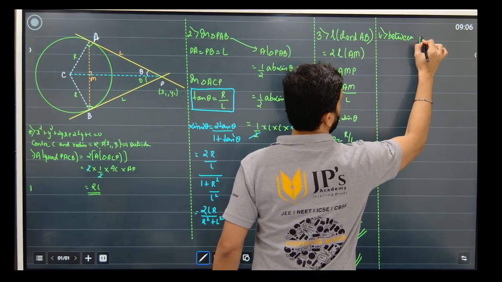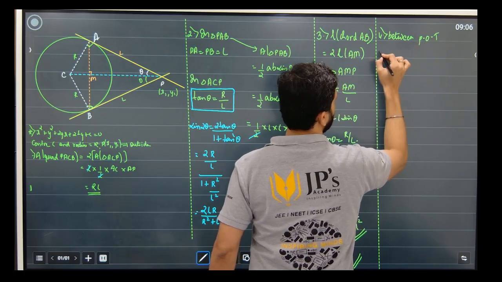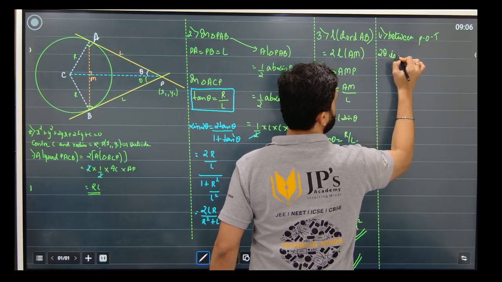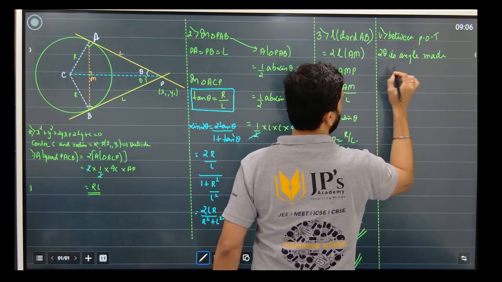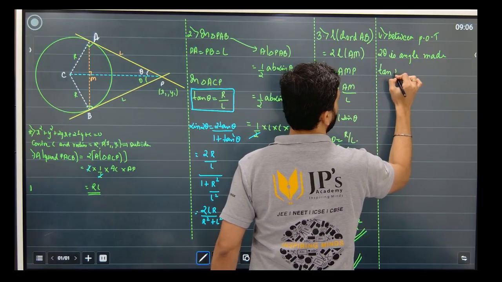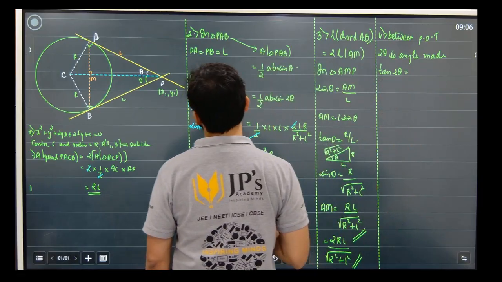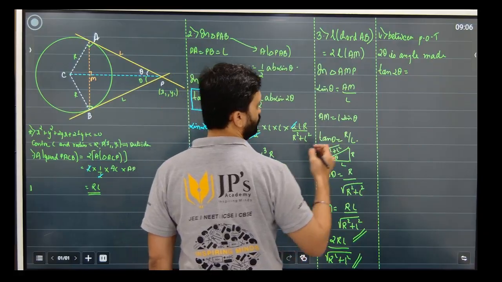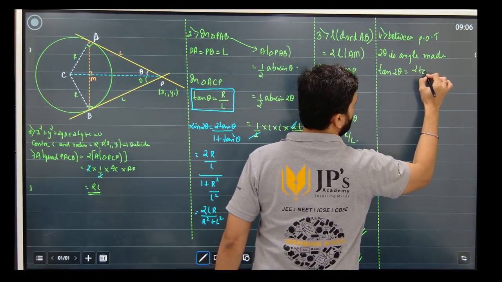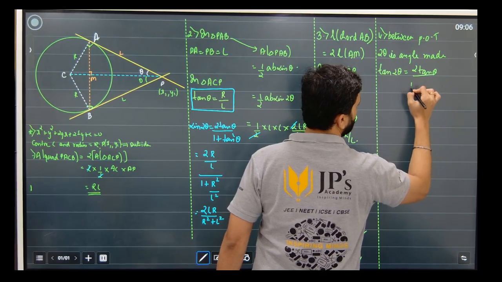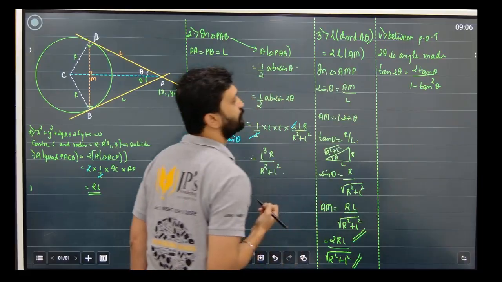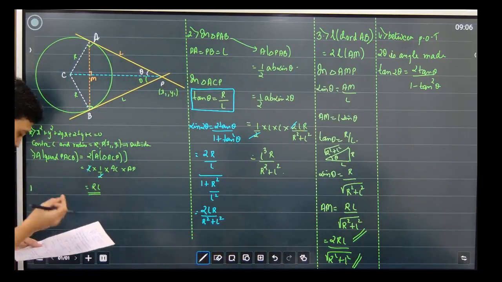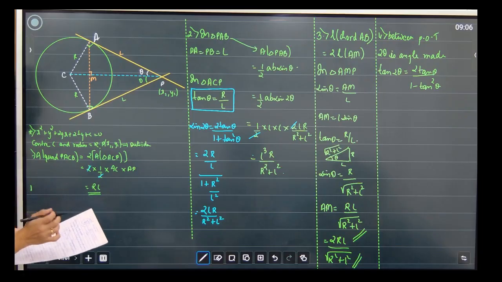Therefore tan 2 theta is equal to 2 tan theta upon 1 minus tan square theta.